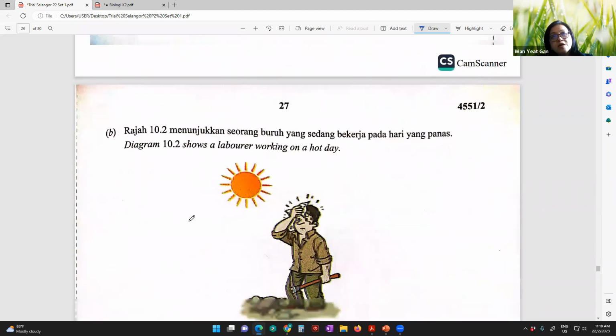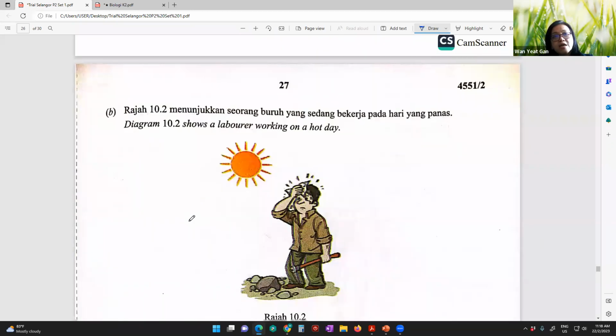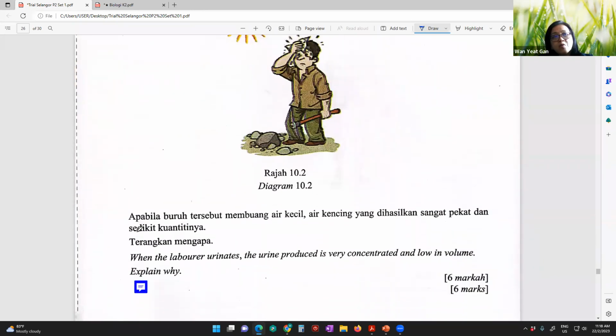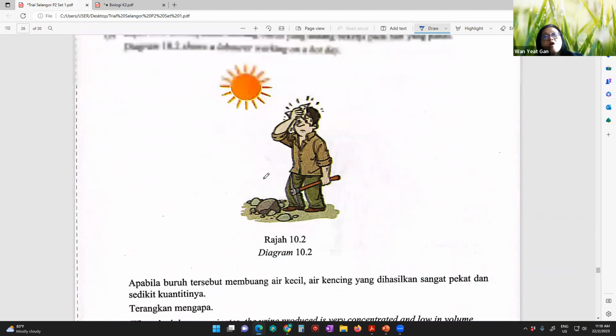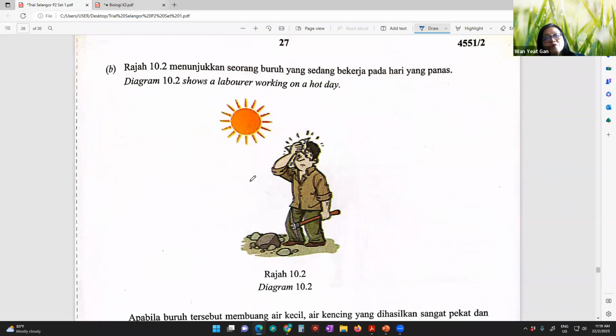Okay, the diagram shows a laborer working on a hot day. When the laborer urinates, the urine produced is very concentrated and low in volume. So explain why. Now, on a hot day, let's look at the answer here.